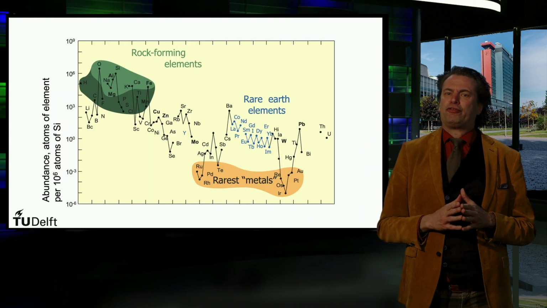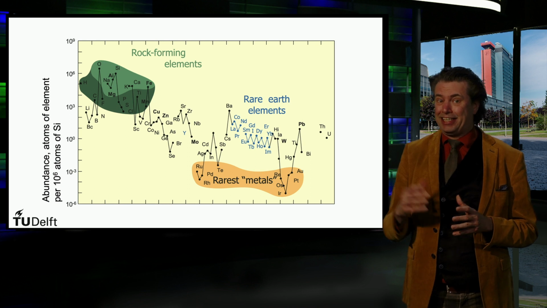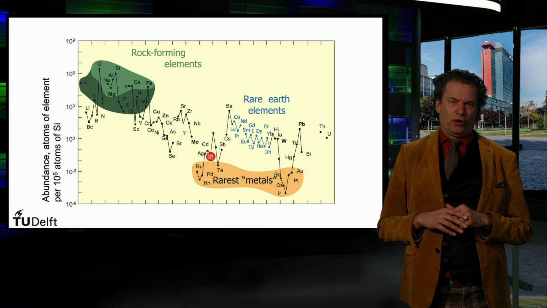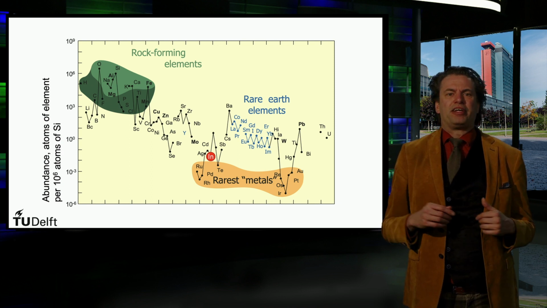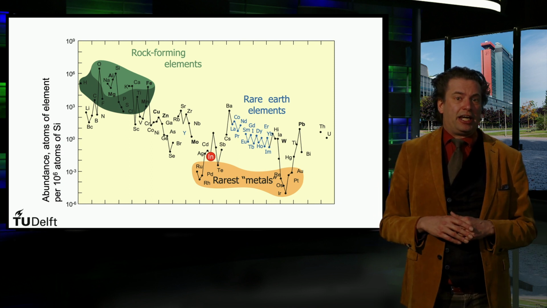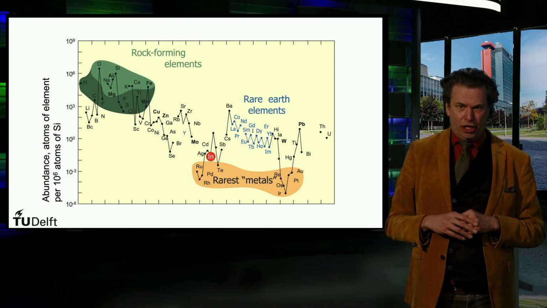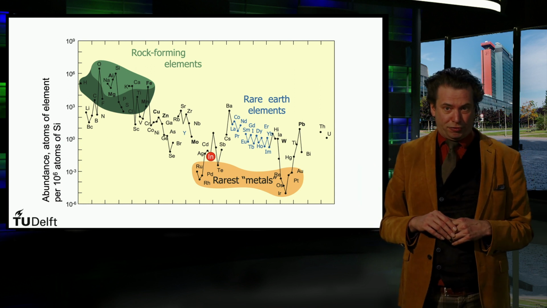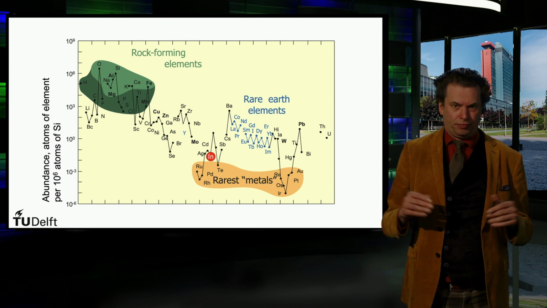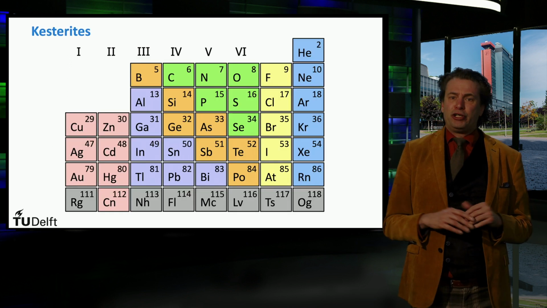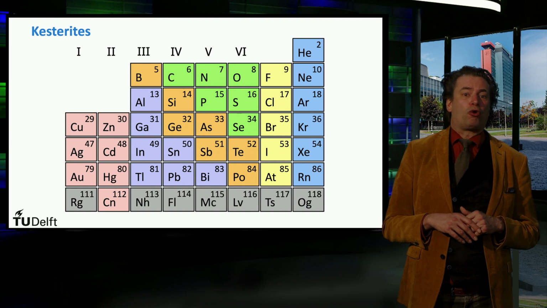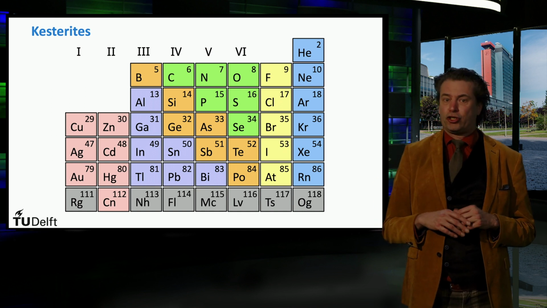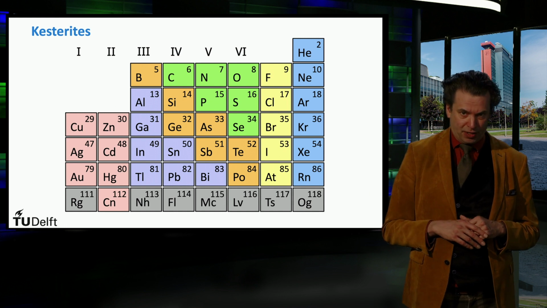However, cadmium is not the only element that causes upscaling troubles for the CIGS technology. We can see from this graph that indium is a relatively rare element in the Earth's crust. This element is already being used extensively in, for instance, the display industry, so it has been foreseen that this element may limit the upscaling of the CIGS industry. For this reason, research has been carried out on the so-called kesterite semiconductors instead of the chalcogenides such as CIGS.